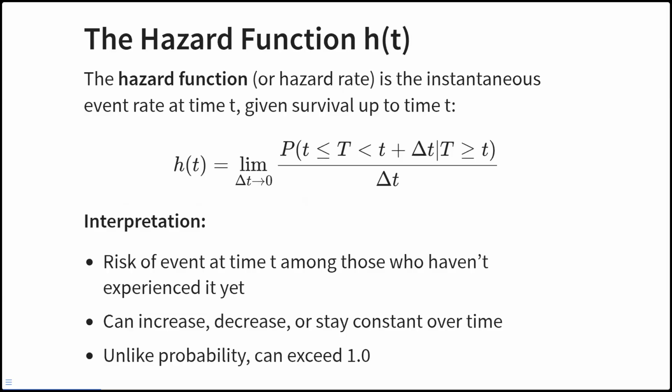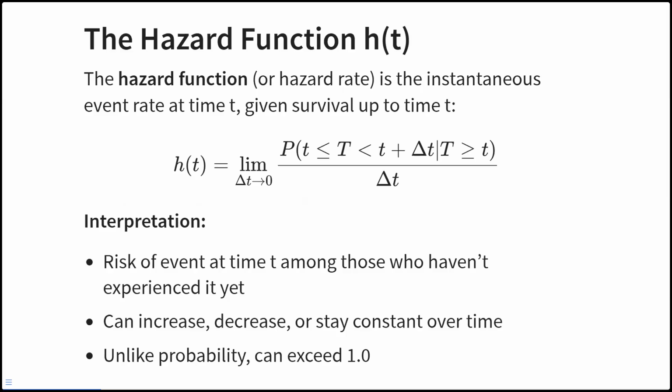So we also have what we call the hazard function. I'm just putting the mathematical equations there, but what is most important is just to understand the concept. The hazard function is more or less the risk of events at time t among those who have not experienced it yet. You are conducting a study and patients have already died inside that particular study. So what is the risk of this particular event happening at that particular time among those who have not experienced it yet?